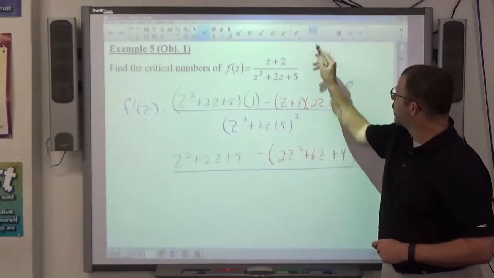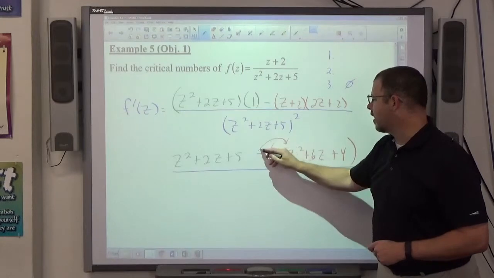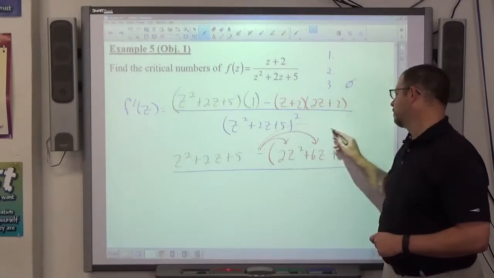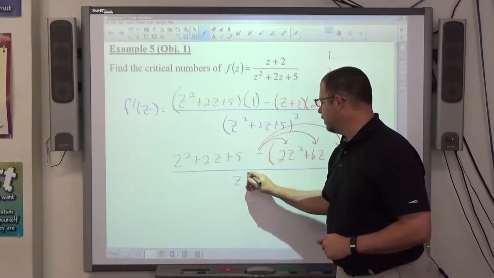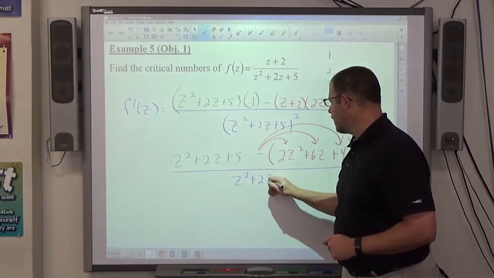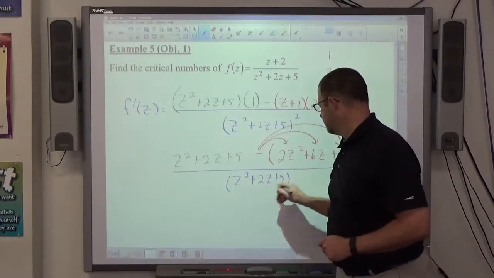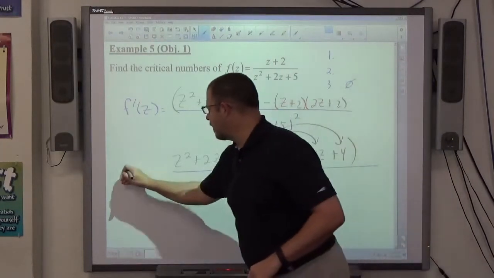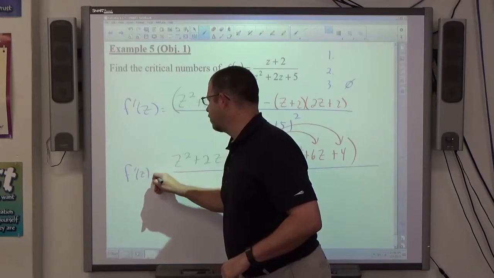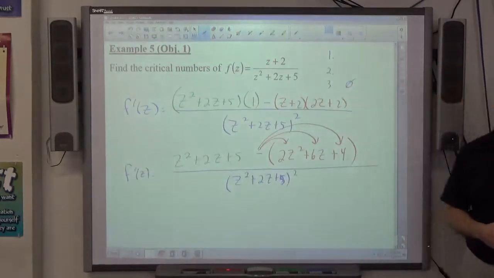Okay, but with the red one, I do have to distribute a minus sign through. The other thing is that the denominator is part of the derivative. It has to come along for the ride here. So make sure that you are keeping that along, and then f prime of z is the notation we're using for that, so we're going to keep it f prime of z.